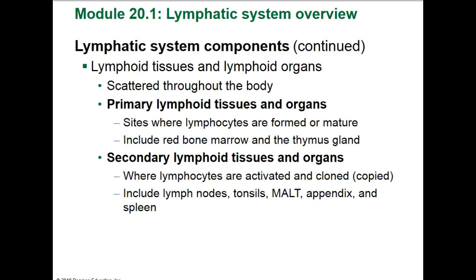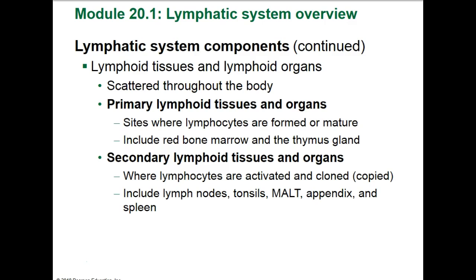The primary lymphoid tissues and organs, these are sites where the lymphocytes are going to be formed or they mature. This includes the red bone marrow and the thymus. So again, all the blood cells are being produced by bone marrow, but maturation of these types of cells are in other parts of the body.